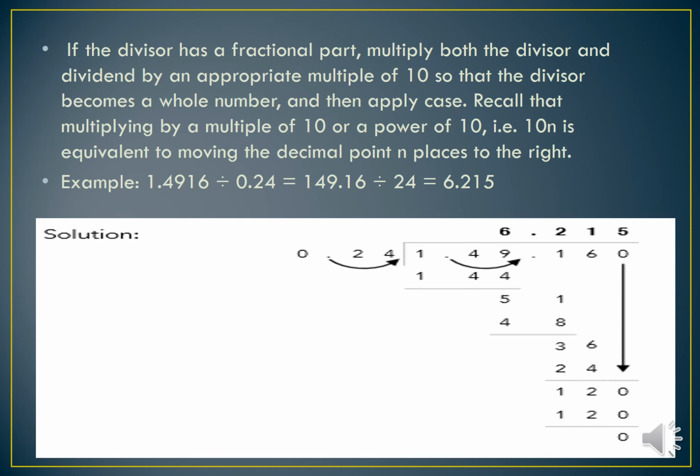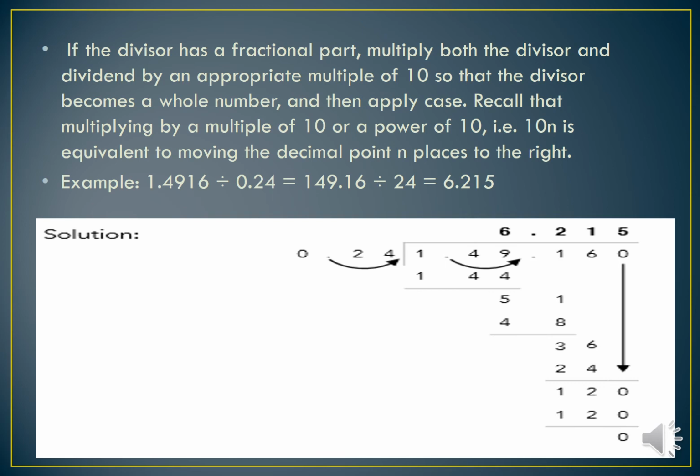So if we are going to divide 1 and 49 hundredths by 24 hundredths, the divisor is in decimal form. So in order to make it a whole number, move the decimal point to the right.